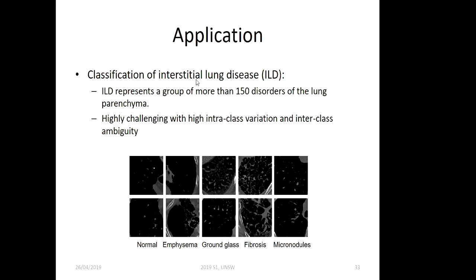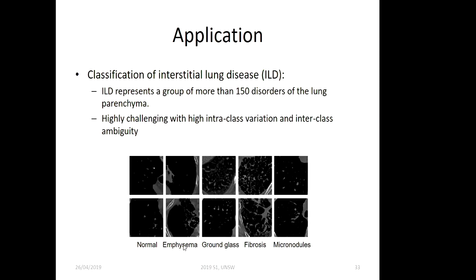One of the very common diseases is called interstitial lung disease. It consists of more than 150 disorders of the lung parenchyma. I'm just showing you a few examples here of the most common types of ILDs.